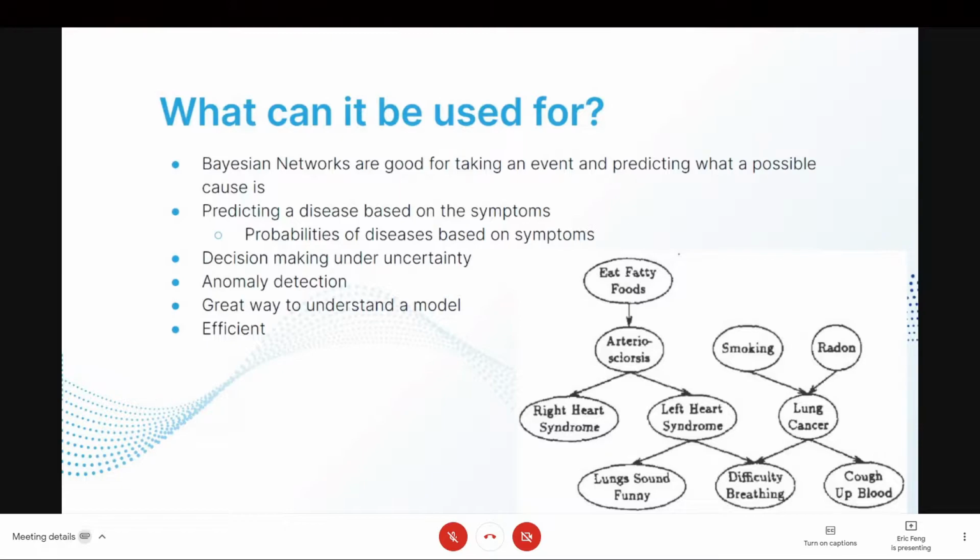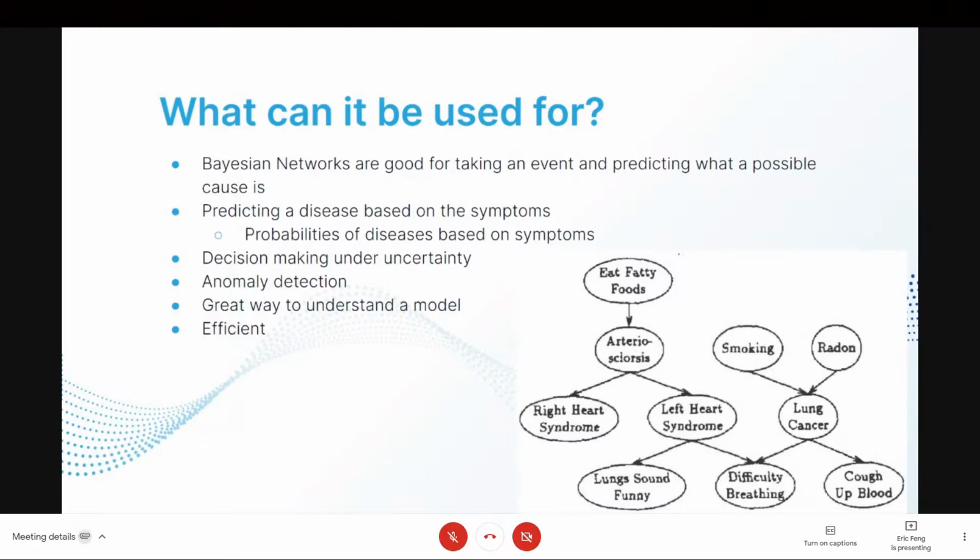So what can Bayesian networks be used for? Bayesian networks are really good for taking an event and predicting what a possible cause is, as we saw in the previous models before. We could see the possible causes of an event occurring, and the same thing in the picture in the bottom right here.